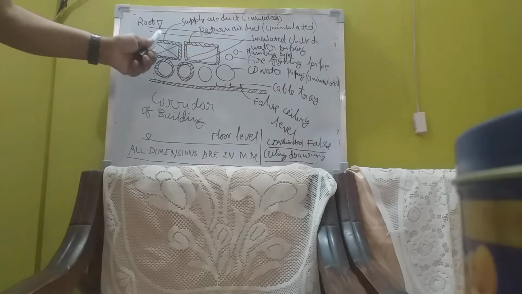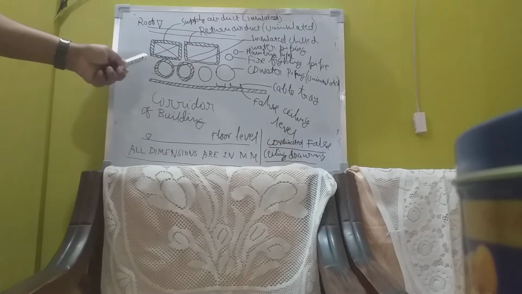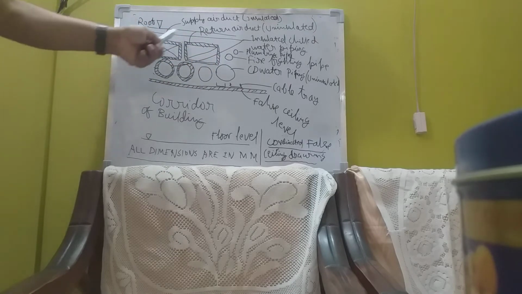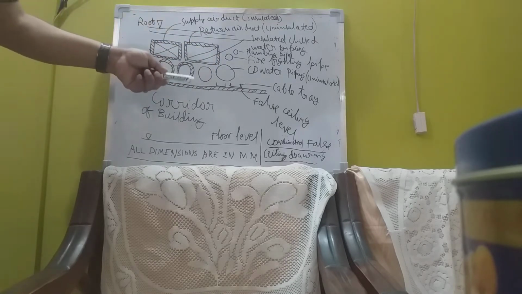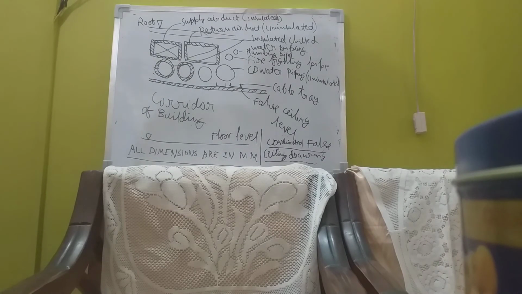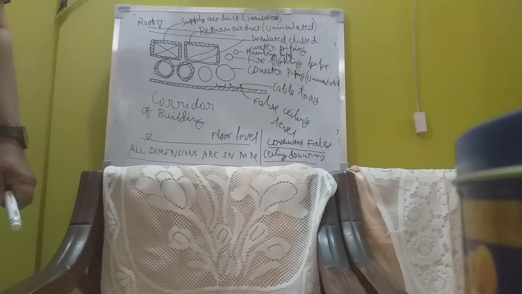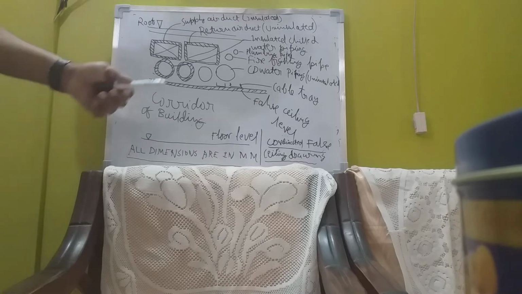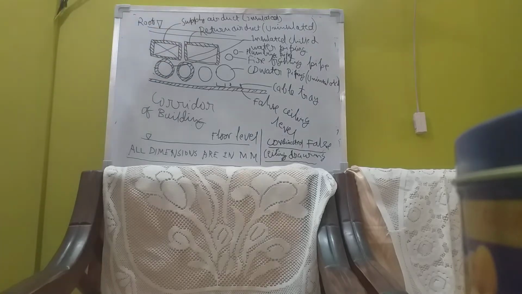Inside, there is total chaos regarding so many services coming in above the false ceiling, and there is a tendency of the false ceiling lowering down. A lowered false ceiling gives a very bad view of the building. See, you are entering into a big building, enter into the corridor and see a false ceiling very low. It's like falling on your head.